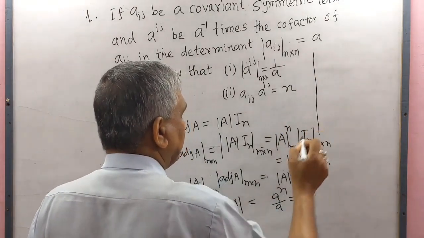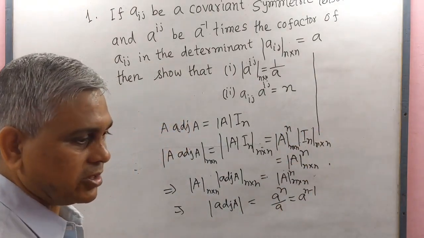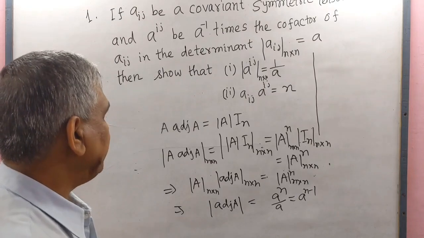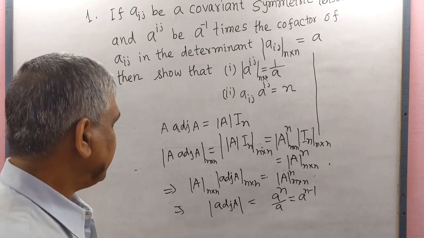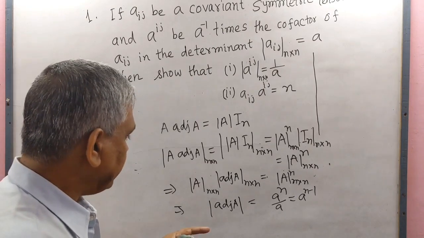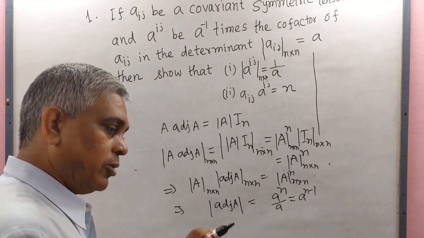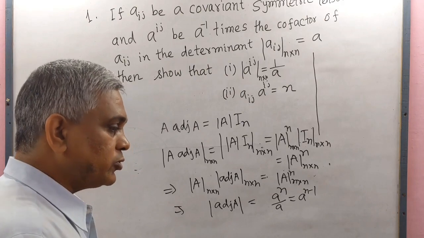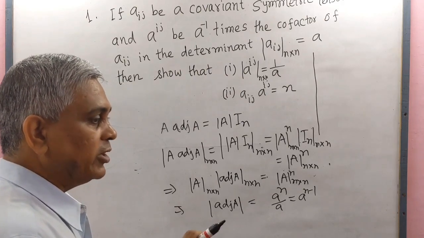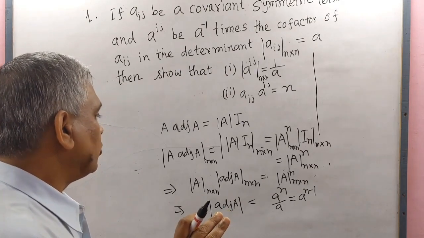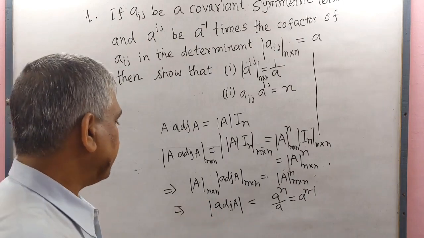Adjoint A contains the cofactors of the original matrix as elements, and adjoint A is the transpose of the matrix whose elements are cofactors of the original matrix.